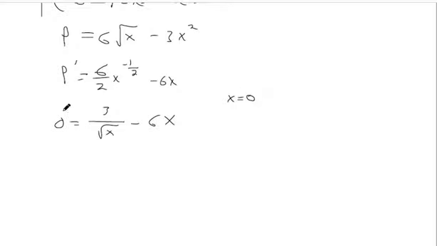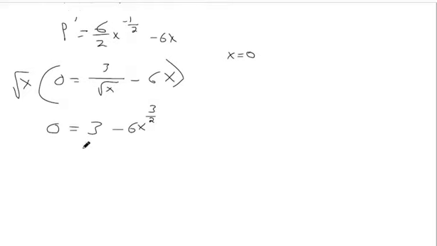So to solve for x, we want to multiply both sides by the square root of x. The square root of x times 0 makes 0. Square root of x times 3 over the square root of x makes 3. And then square root of x times 6 makes 6x to the 3/2 power, because a power of 1 plus a power of 1/2 makes 3/2. And then if you want to solve this equation, subtract that 3 from both sides.